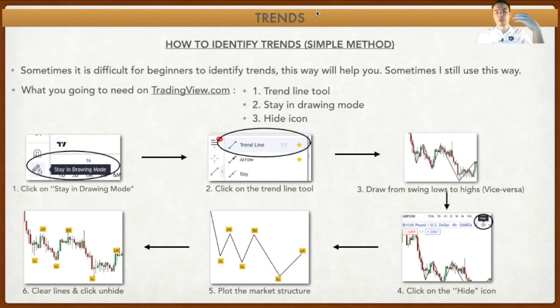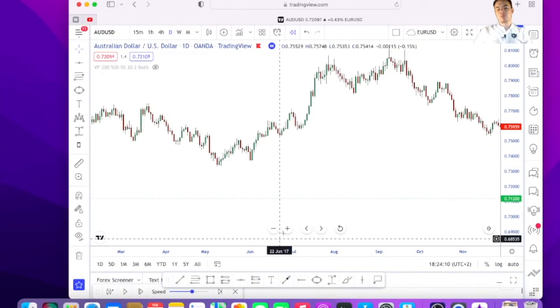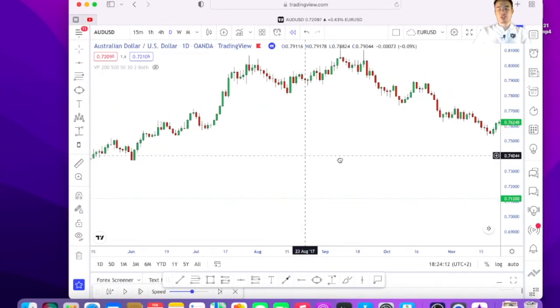So you'll plot lower highs, lower lows, lower highs, higher lows, equal, whatever the case might be. And the last step is to remove those lines and then click unhide, and then your chart will look like that.